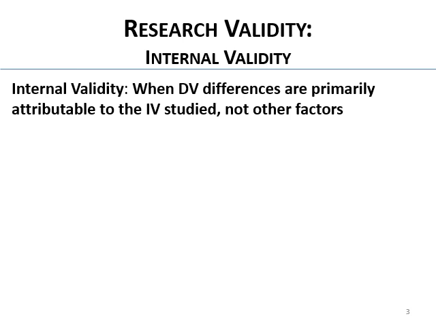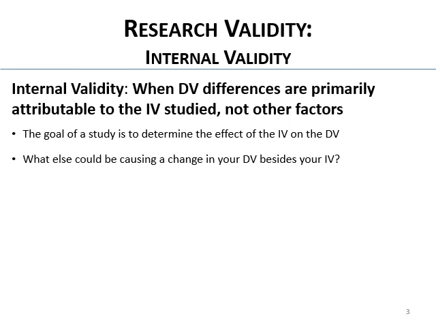So internal validity, again, is when DV differences are primarily attributable to the IV that you're studying, not other factors. The goal of your study, like your dissertation, is to determine the effect of some independent variable on some dependent variable. So what you've got to be thinking about is what else could be causing the change, if you see a change, in your dependent variable besides your independent variable.